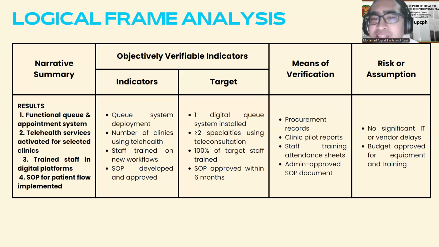But we must anticipate risks such as IT system downtime, IT or vendor delays, and also budget constraints for the equipment and training. All these factors can stall the implementation, so we need to be prepared with a contingency plan, and timely coordination is essential.